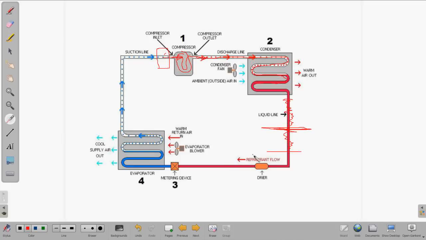So a fixed metering device is high superheat, little to no subcooling.